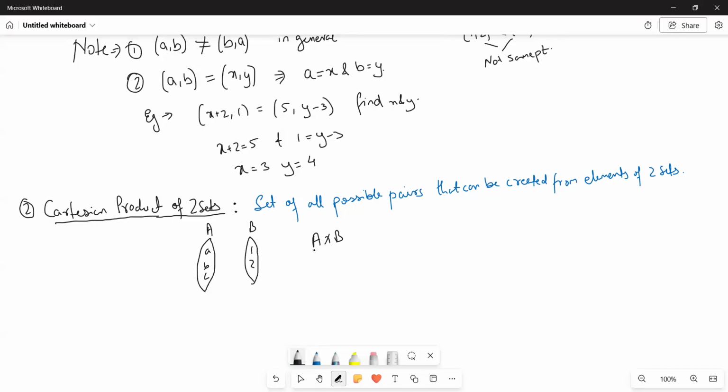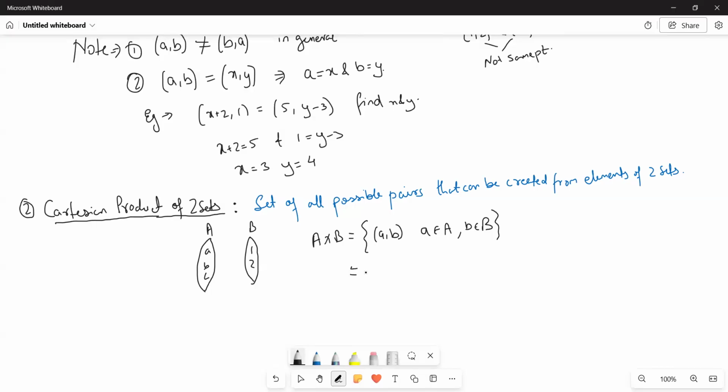A cross B implies that we are trying to create all possible pairs in the form (a, b), where a comes from the elements of set A and b comes from the elements of set B. All such pairs will be present in the set. Even the Cartesian product is a set, a collection of entities. What entities? Pairs.